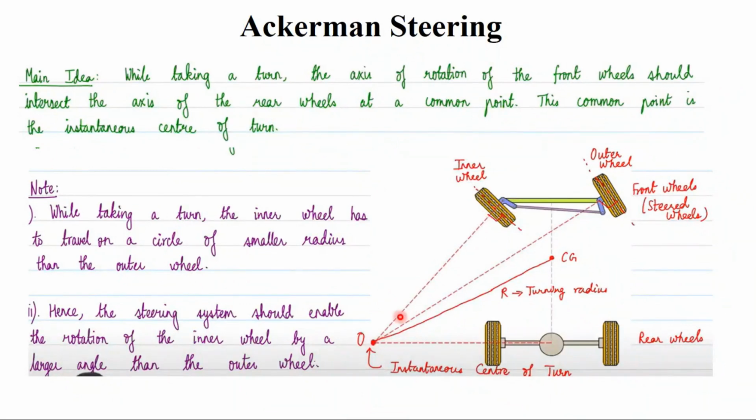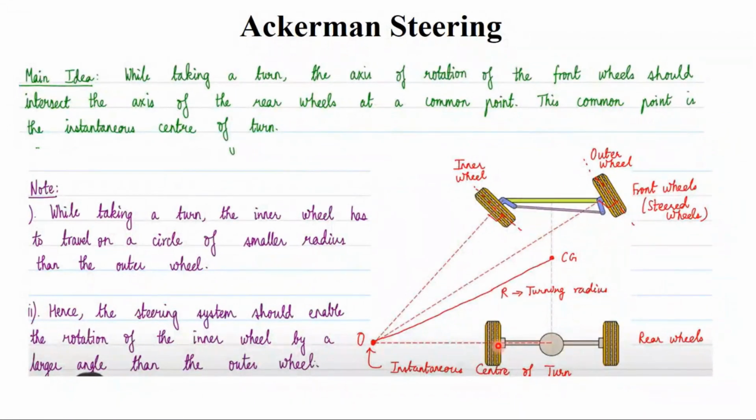You see here, this angle between the inner wheel and the instantaneous center of turn is higher than the angle between O and the outer wheel, okay, with respect to the instantaneous center of turn. You see here, when you take this angle, right, the angle is higher.